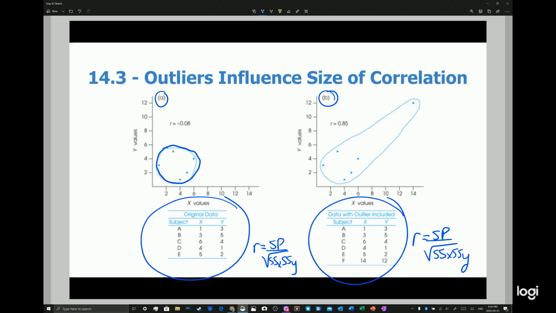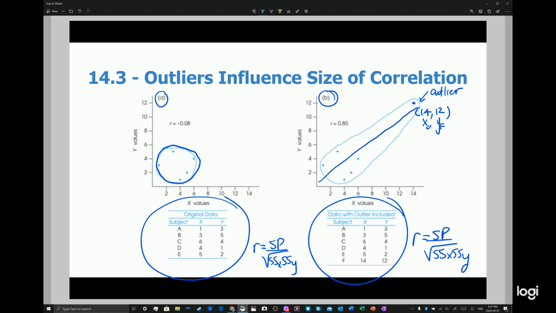and put them in the scatter plot, and it shows a very weak negative correlation, which again looks like a cookie. But as soon as we introduce this outlier right here, in this case, it's an extremely high X value and an extremely high Y value. So here it's 14, 12, X and Y. When that happens, now you introduce an upward trend that wasn't there before.